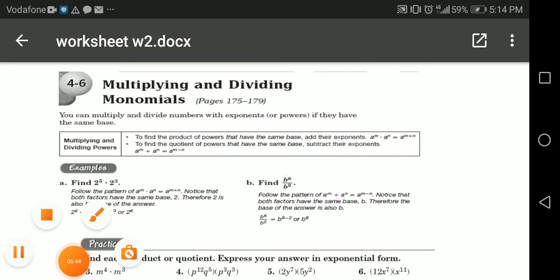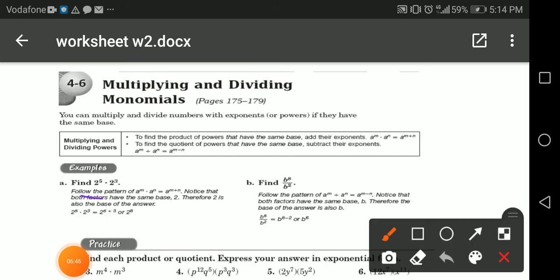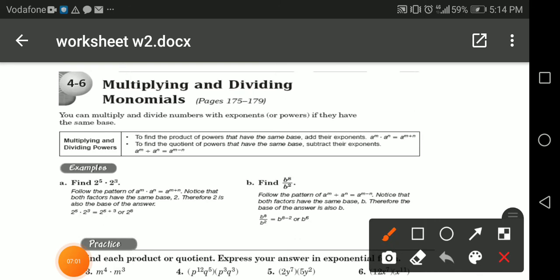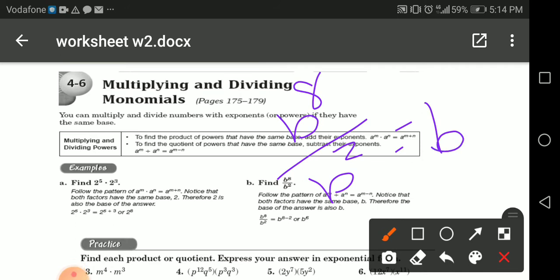The other one: 2 to the fifth power multiplied by 2 to the third power would be 2 to the 5 plus 3, so 2 to the eighth power, right? What about b to the eighth power over b to the second power? It would be b to the 8 minus 2, so b to the sixth power.